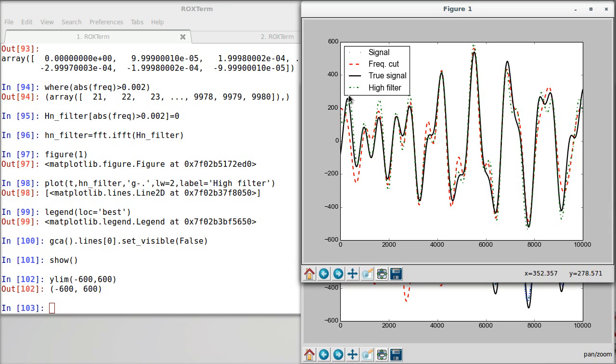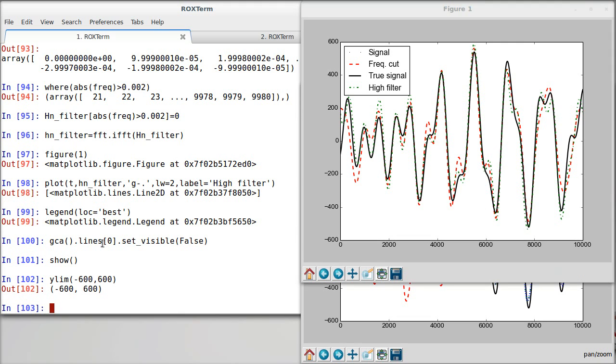And we can see that by applying the high-pass filter, we have now this signal here, this green dashed line, which actually does a pretty good job of mimicking the true signal. In some places it's different, in some places it does a better job, in fact, even than just cutting out the frequencies as we had done in the first case.